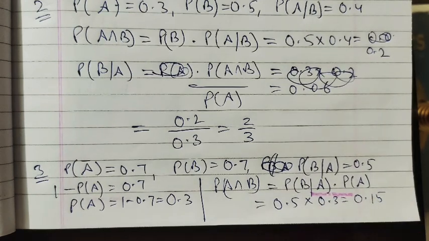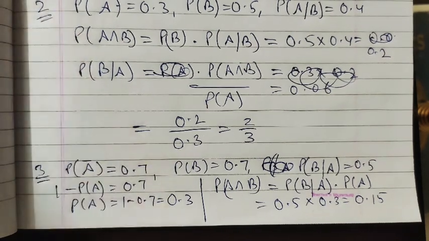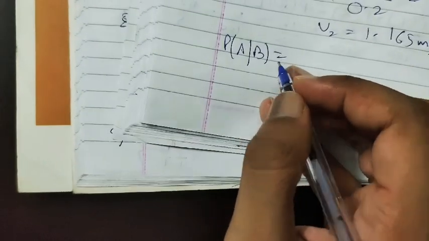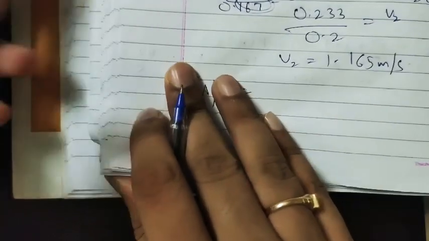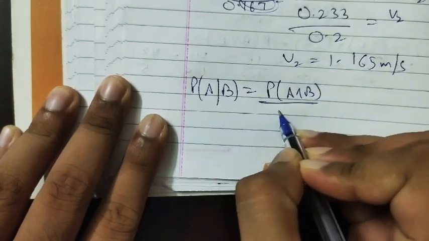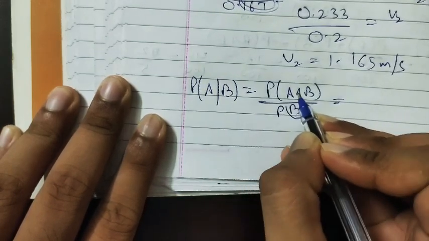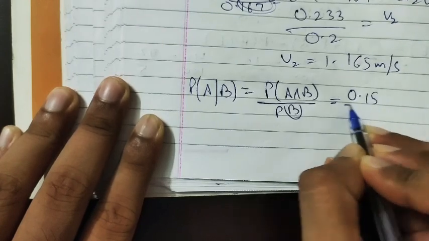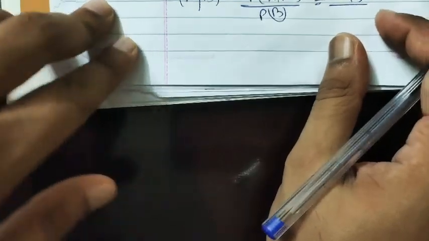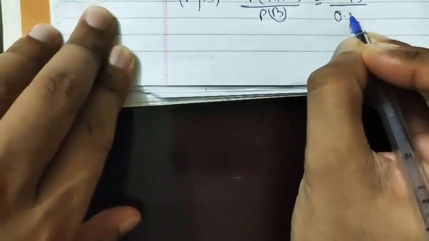So 0.15 is the probability of A intersection B. Now we have to find out probability of A upon B. This will be equal to probability of A intersection B upon probability of B, right? Probability of A intersection B is 0.15, which we have just determined, and probability of B from the question is 0.7.